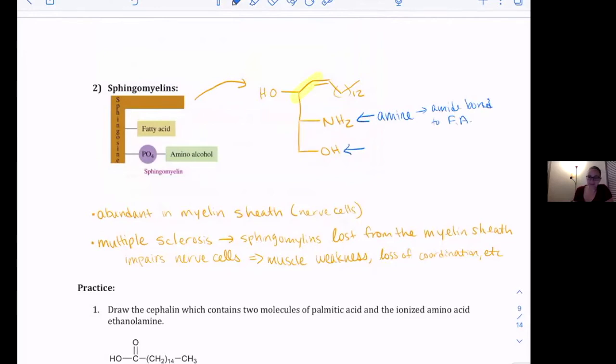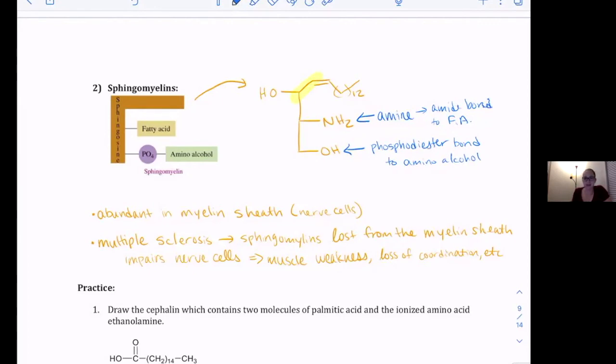So this bottom part is similar to what we've seen before, and that's where we have our phosphodiester bond to an amino alcohol. So this overall is kind of the same, kind of different.